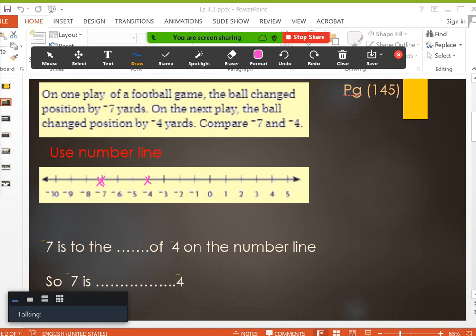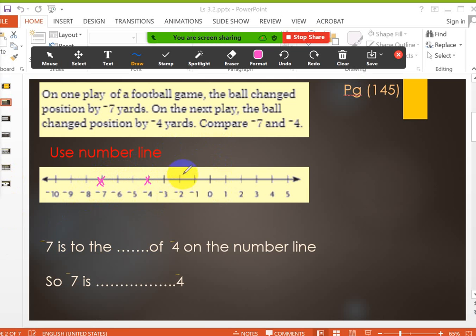Now, girls, which one is the greater and which one is the smaller? Look at -7. -7 is on the left side of -4.